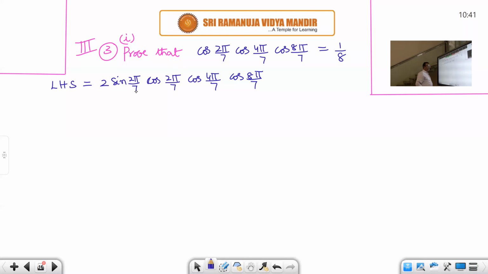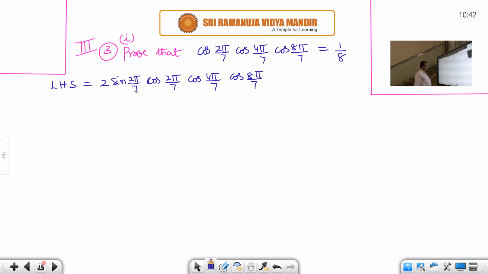See, Madhuri, what do you notice in the angles? How many angles are there on the left-hand side? 3 angles, sir. So first angle is what? 2 pi by 7. Second angle? 4 pi by 7. Third angle? 8 pi by 7. Any comments? Sir, they are in GP. Correct.